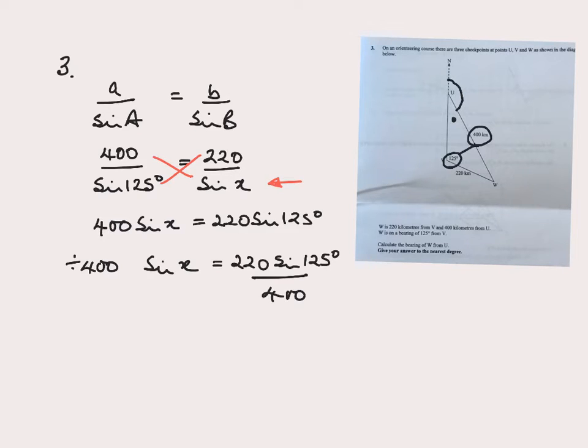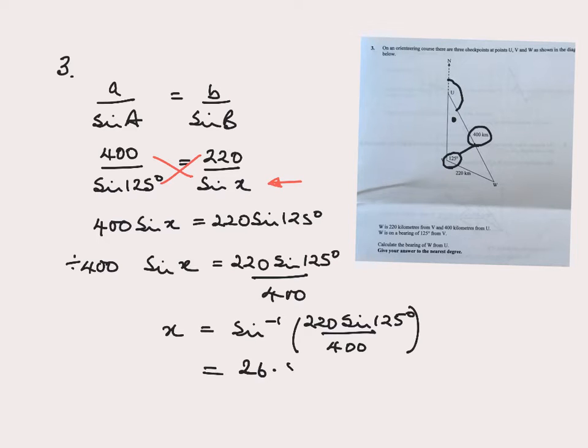And the next step is sine to the minus 1. We always have to use the second function button, shift sine, in trying to find the angle in this particular problem. And the answer we get is 26.8 degrees.